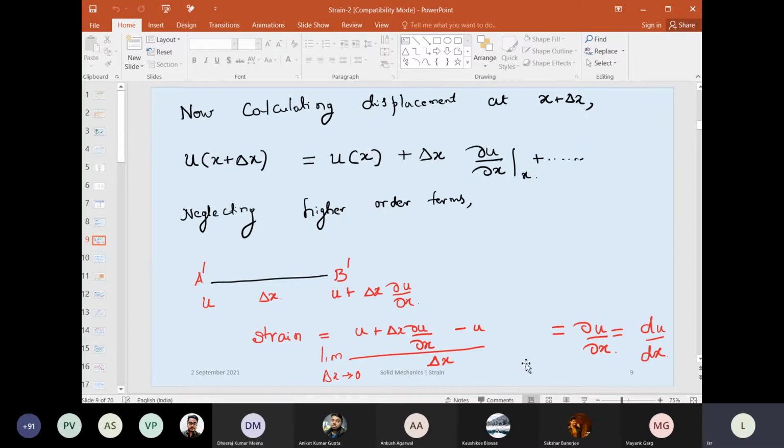Okay, so see, this is a single valued function of x. Only x is the variable. You can always write this as du by dx instead of dou u by dou x. But most of the time we will have not one variable but more than one variable, and you will end up with a partial derivative.